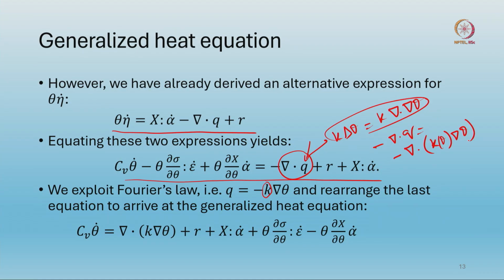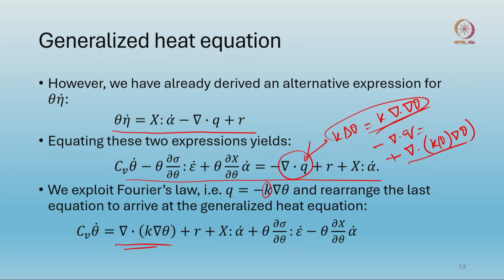Then you cannot really write it like a Laplacian. That is what I have actually done here, but this minus and minus will cancel. So, this becomes plus, because Q is again minus K times grad theta. So, basically this is the one term, which is the diffusion term, irrespective of this form or this form.